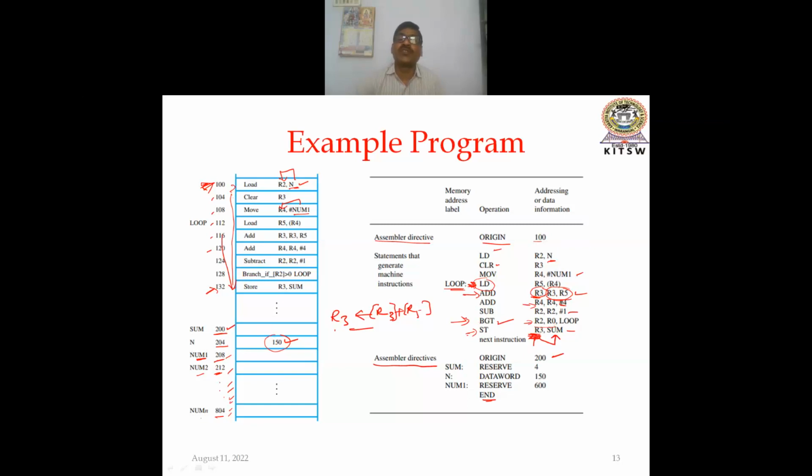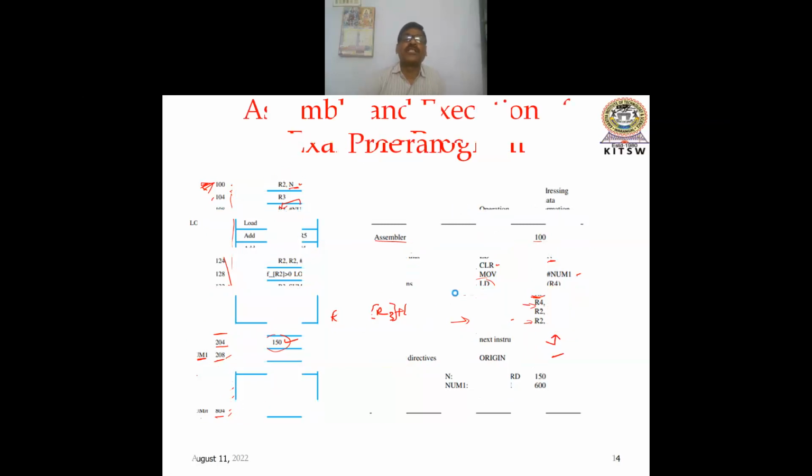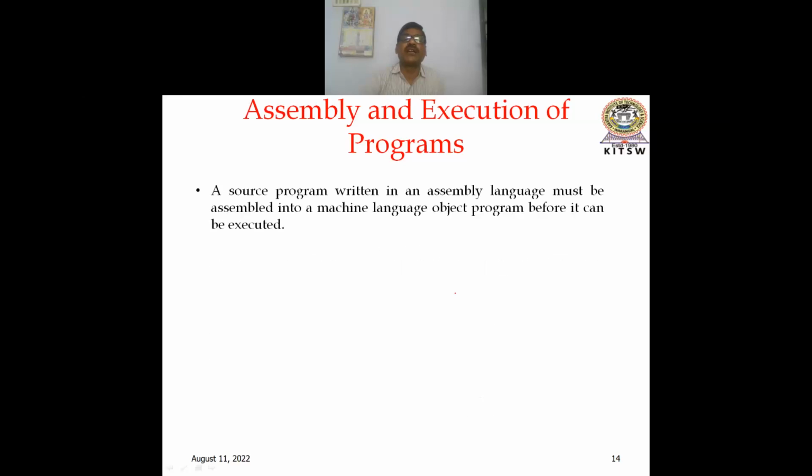In this assembly language program we have used different types of instructions: branching instructions, data transfer instructions, data manipulation instructions like add and subtract, and here the clear instruction. Fine, so how are these programs going to be executed?